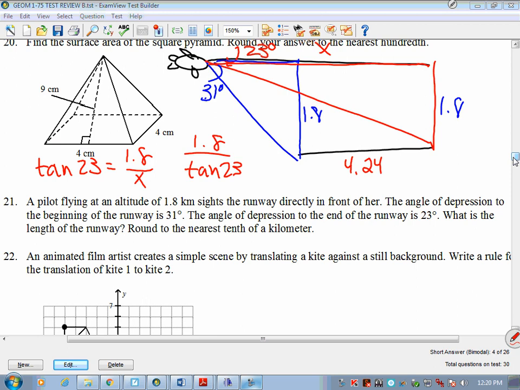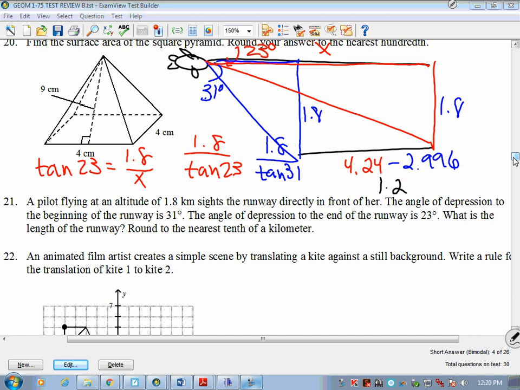In the other one, we should see it's basically the same thing. So I'm going to do 1.8 divided by tangent 31. What does that come out to? You might take this out a little further. 2.996. Now what we want to do is 4.24 minus 2.996. 1.244.